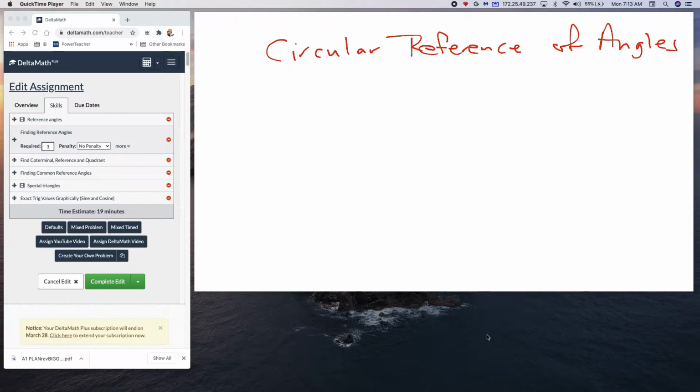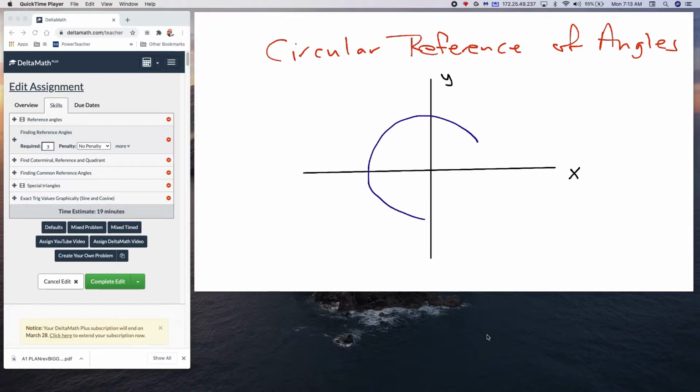And what I really mean by that is we're working towards drawing angles in relation to some circle like this, where you've got an XY plane like this, but what we're drawing is a circle that goes along like that. And we're talking about referencing angles off of that.